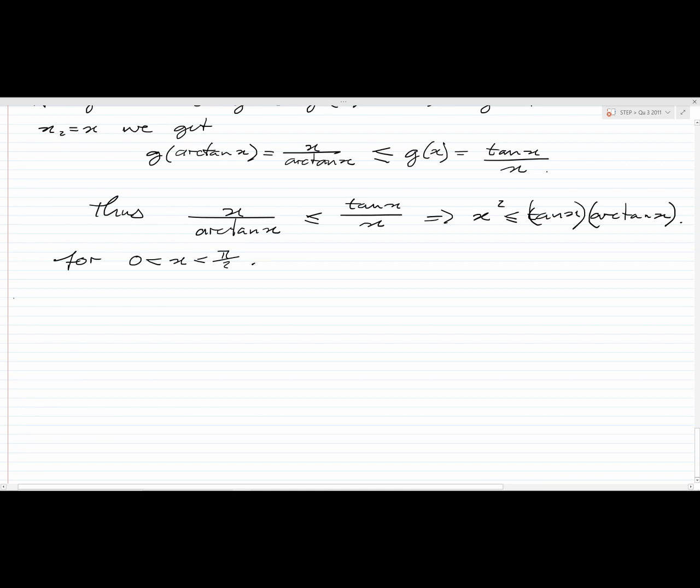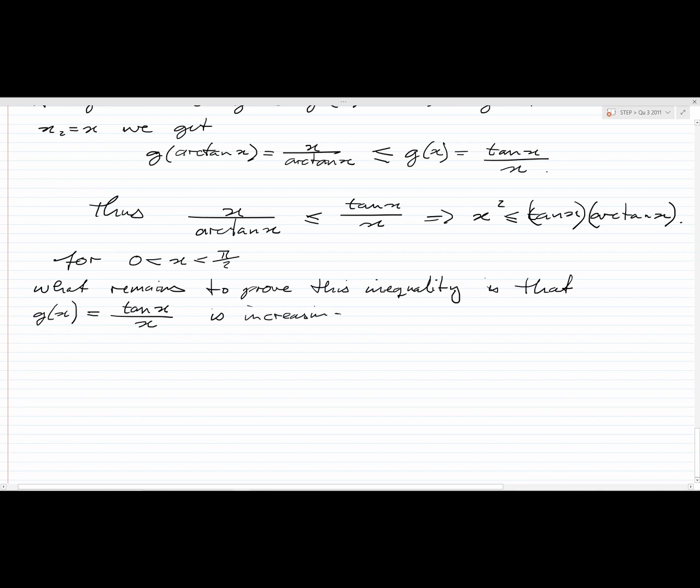So what remains to show to prove this inequality is that g of x, which is equal to tan of x over x, is increasing.